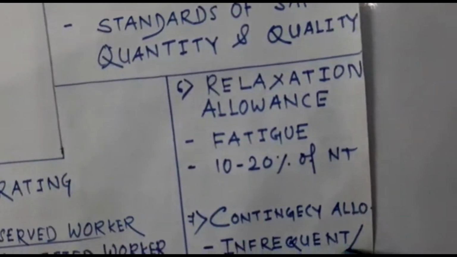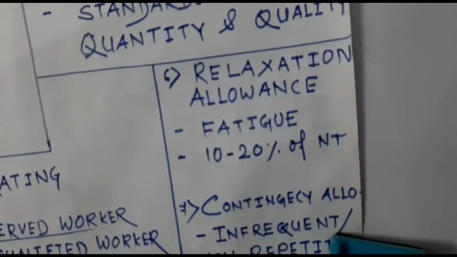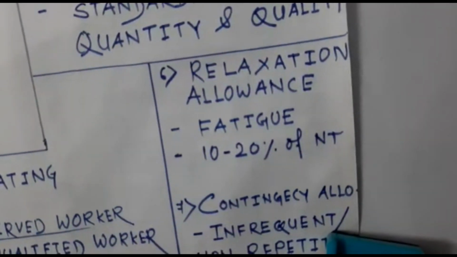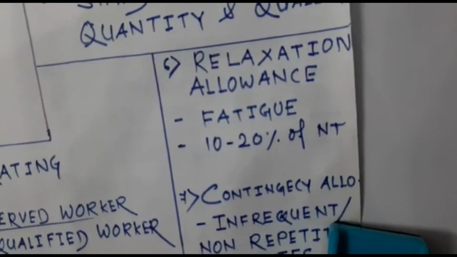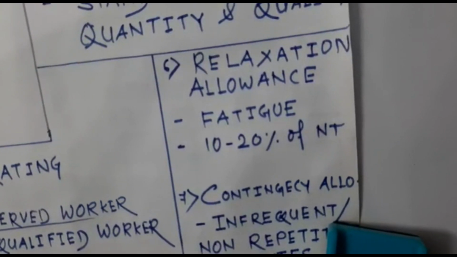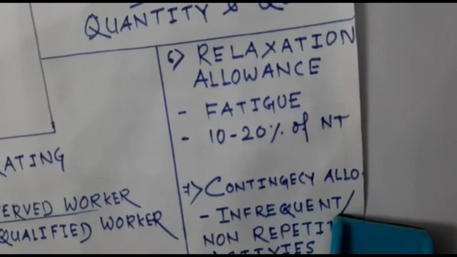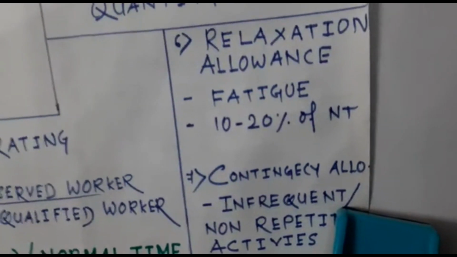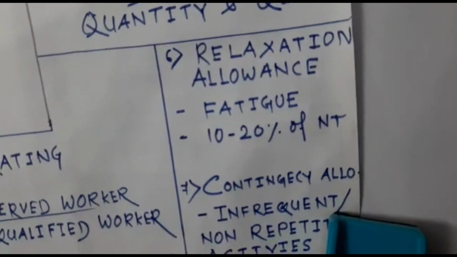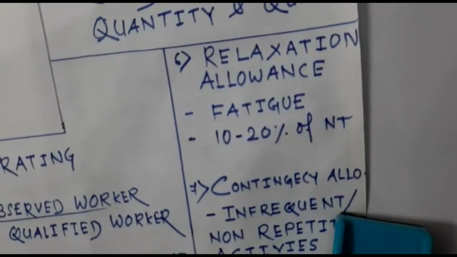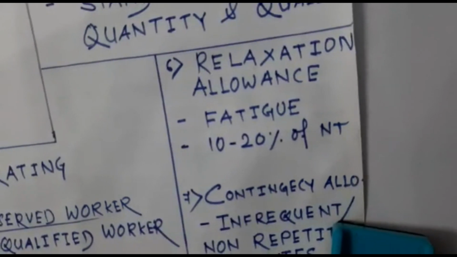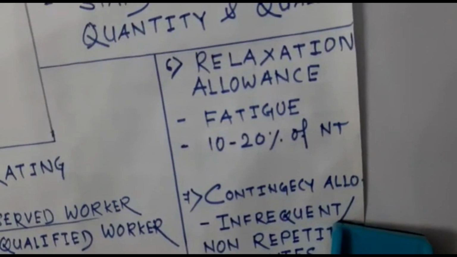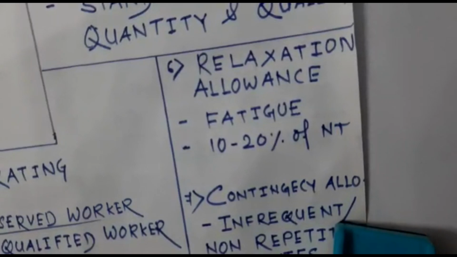One is called relaxation allowance. Relaxation allowance is basically the time given to the worker to overcome fatigue, which includes fatigue due to postures, fatigue due to concentration, fatigue due to his position for a long period of time, and also the time to attend nature calls, as well as some time for attending phone calls.